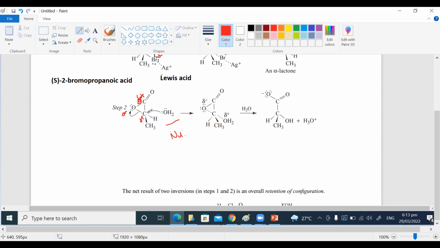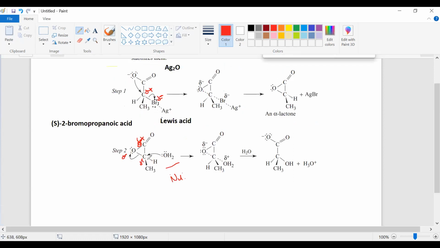And what happens is you have your lactone here on this side. You have to remember this one is planar. If this is CH3 and hydrogen, they are on the same plane here. What happens is that this COH is on the opposite side.